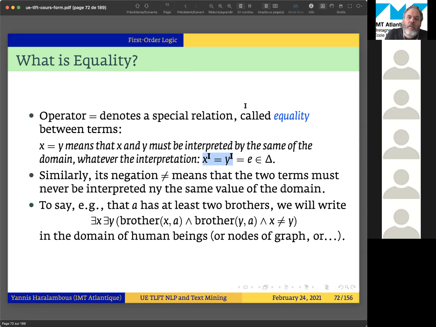And if I take the negation of this, it means that I have to choose different elements of the domain in every interpretation. And this equality relation allows me to introduce uniqueness.